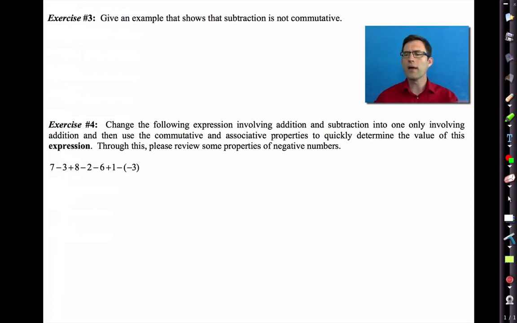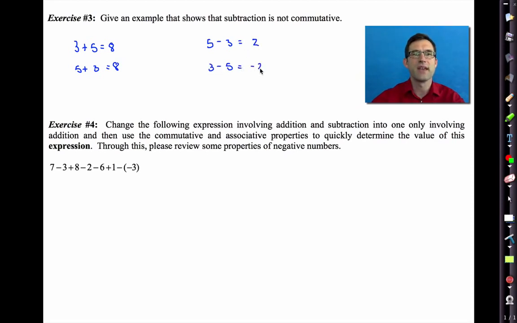So addition is commutative because 3 plus 5 is 8, and 5 plus 3 is 8. But watch what happens when we do subtraction, right? Let's go with the same 2 numbers. 5 minus 3 is 2, but 3 minus 5 is negative 2, so not commutative.